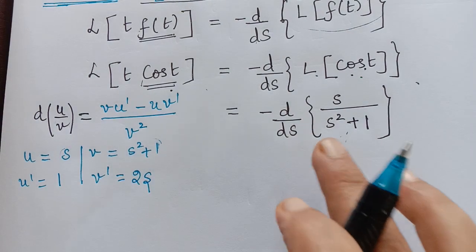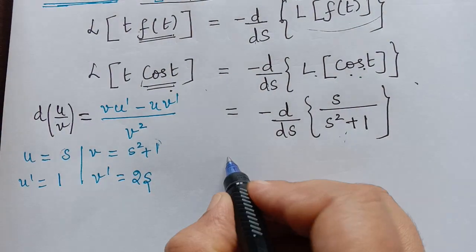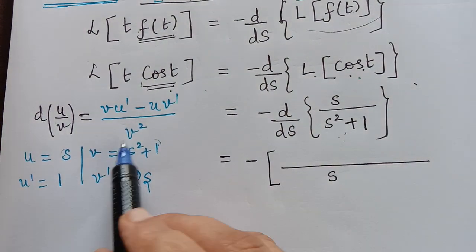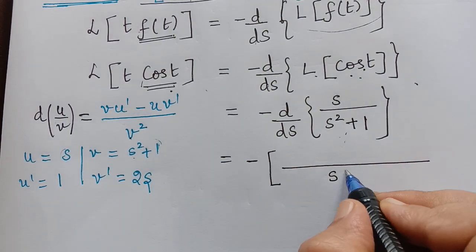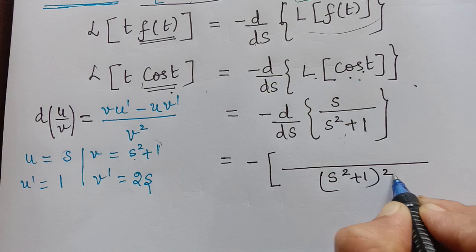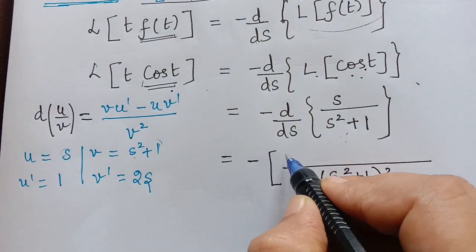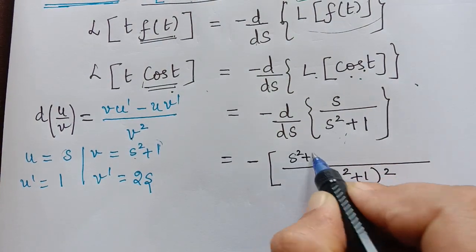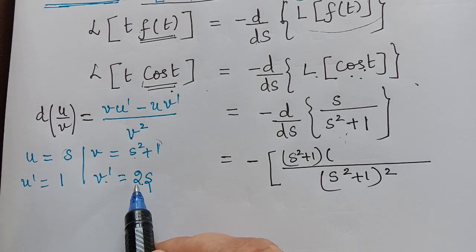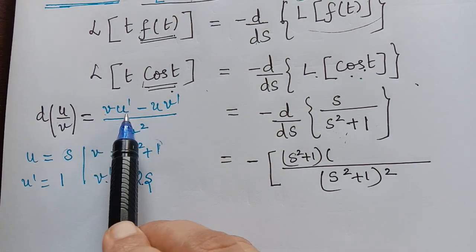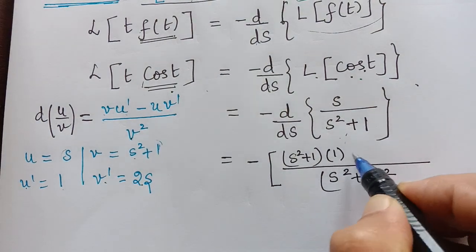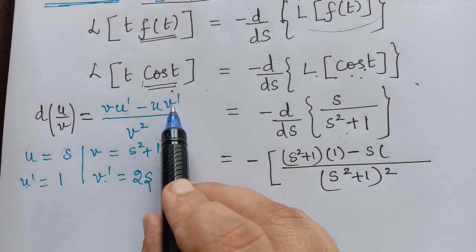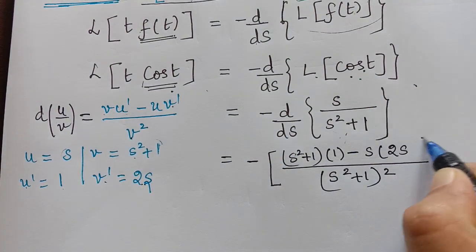So let us substitute that over here. This will be equal to negative of, in the denominator, v square. V is s square plus 1, so s square plus 1 the whole square. In the numerator, v multiplied with u dash: v is s square plus 1 and u dash is 1, minus u multiplied with v dash, which is s multiplied with 2s.